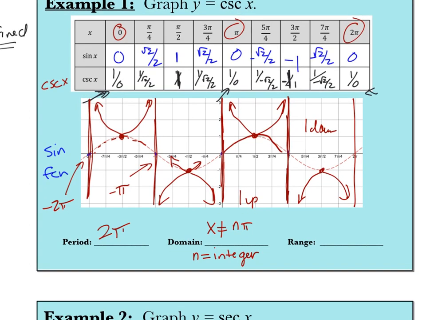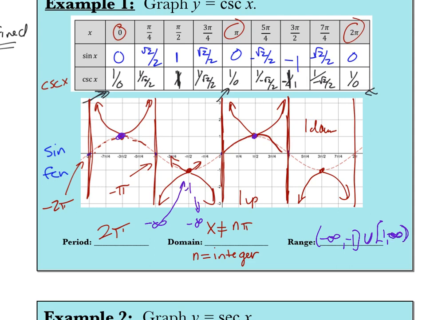Well, my graphs go up forever, and then they bottom out at 1. From here, I'm coming from negative infinity to negative 1, and then it's also going to include 1 out to infinity.